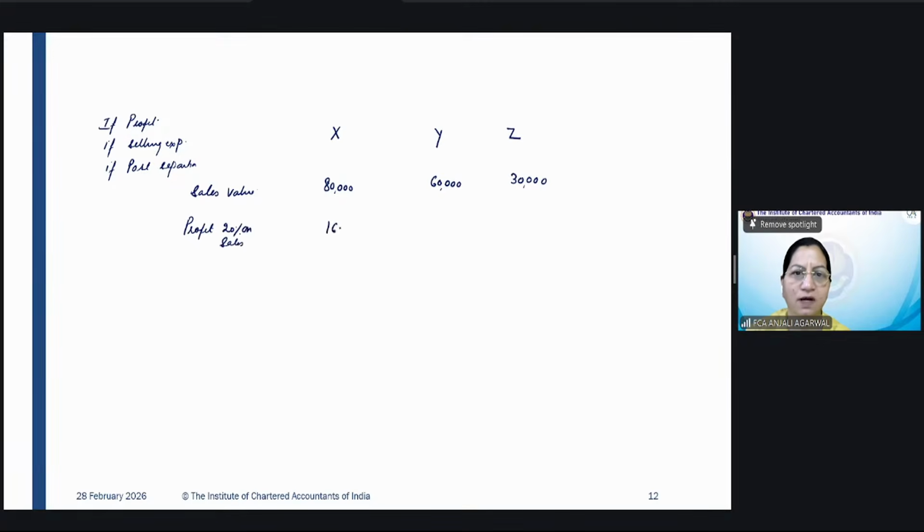So 16,000 out of 80,000 is profit, 12,000 on 60,000 is profit, and 20% of 30,000, 6,000 is profit. So when you subtract the profit, you get total cost. So the total cost of sales comes out to be 64,000, 48,000, and 24,000.